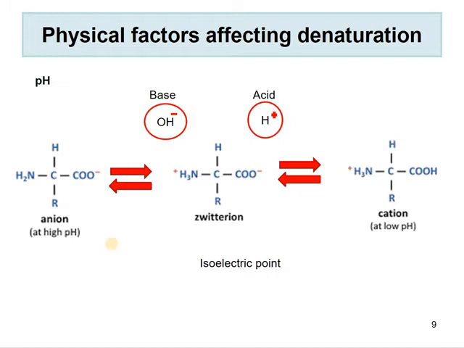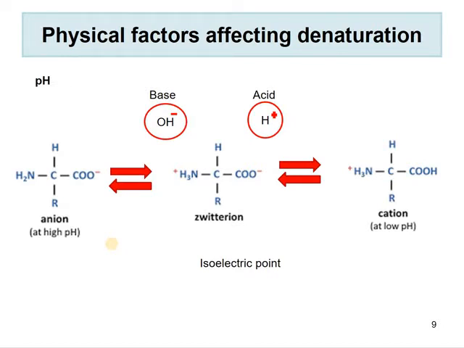Okay, so an amino acid is an amphoteric molecule because it contains both positive and negative charges. So there can be some changes in charges within itself. It can donate and accept protons on its own.